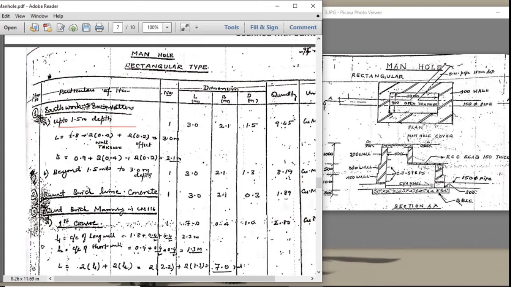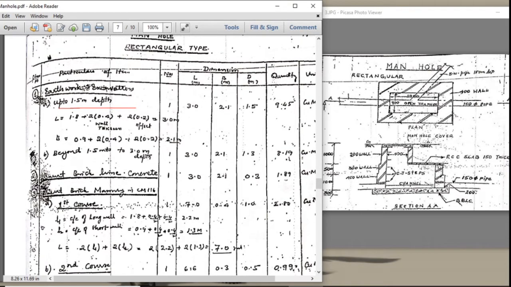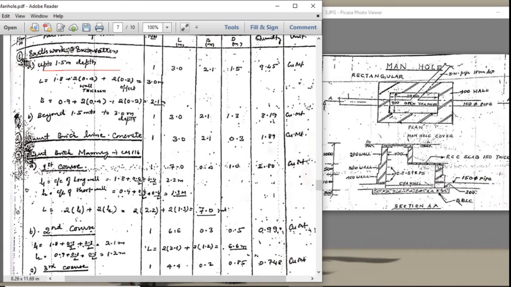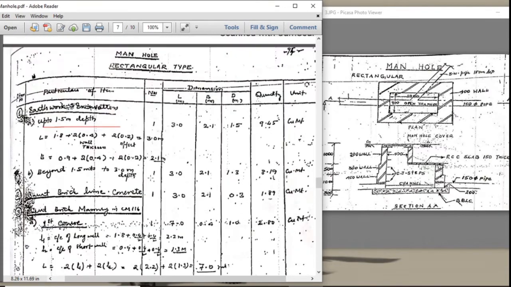So the problem is solved using two criteria here, up to 1.5 meter and beyond 1.5 to 3 meter. Okay, based on the local rates it has been done.